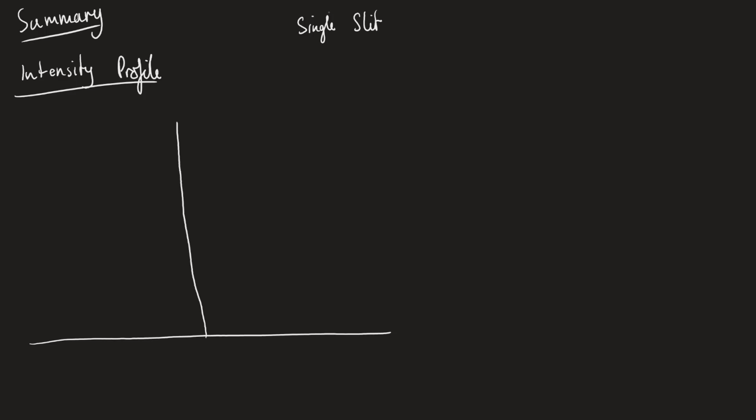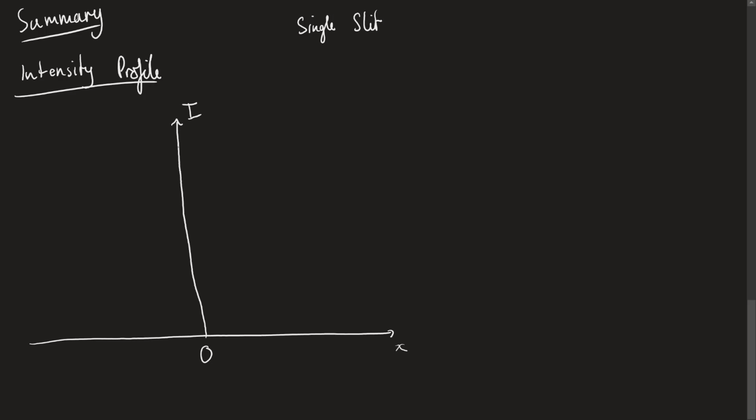For a single slit, the y-axis is intensity and the x-axis is the displacement. This O here is where we see the original maxima on the screen. Either side of this is going to be maxima.